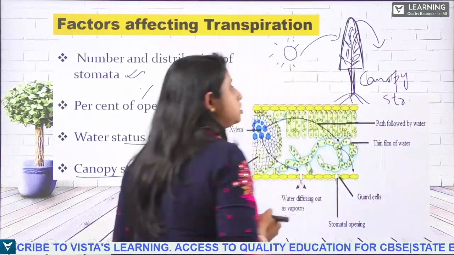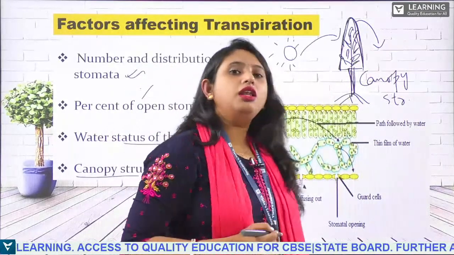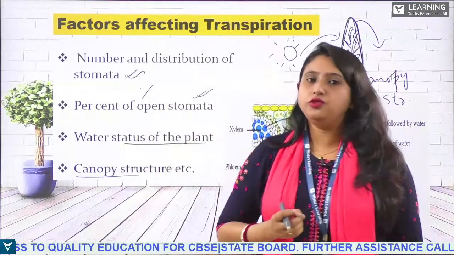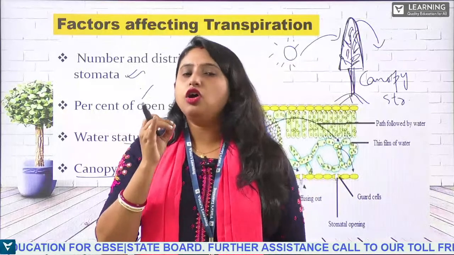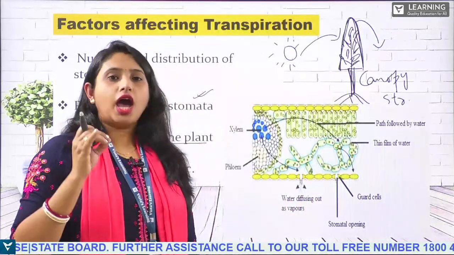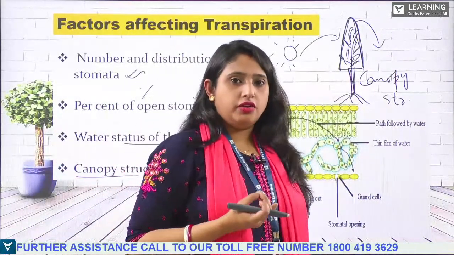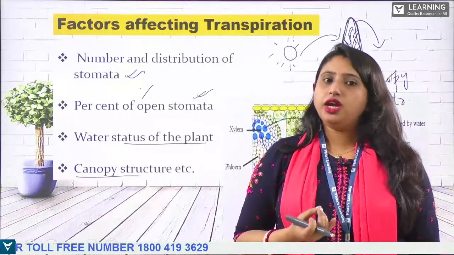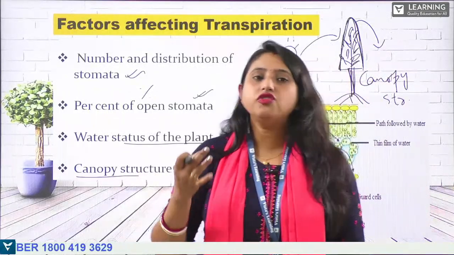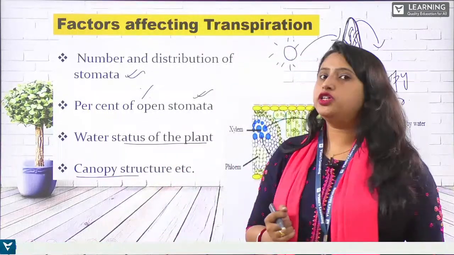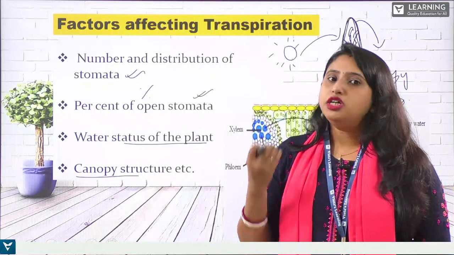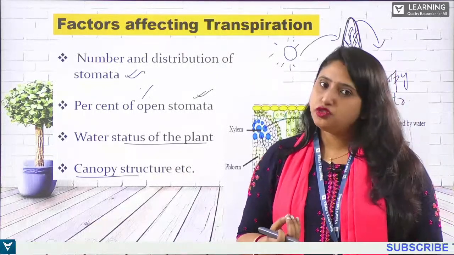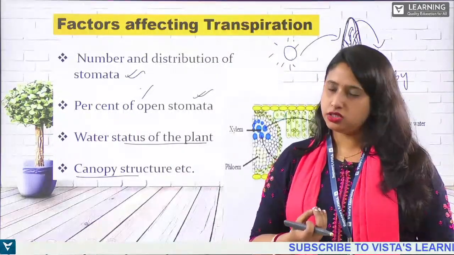In those canopy structures, the sunlight will not be reaching the leaves, so the stomata of the plant will not be getting sunlight. In that case, transpiration is affected. That is, much loss of water will not take place from those types of plants.